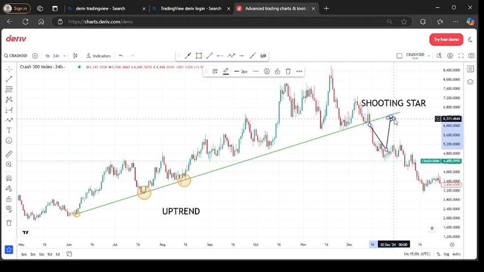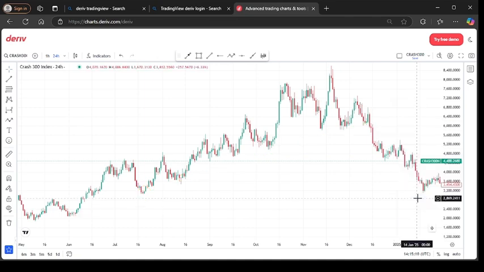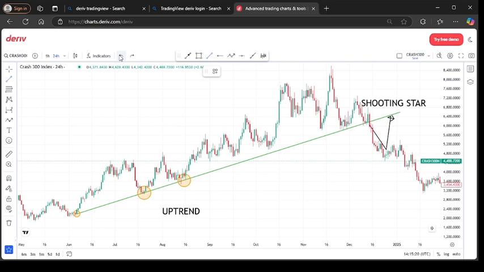Remember, it's not always that we have pin bars close to the trend line. I just removed everything. Look what I've done. All right, it's back. So it's not always that we have shooting stars here. You need to read about the candlestick patterns, because sometimes you have engulfing candles.